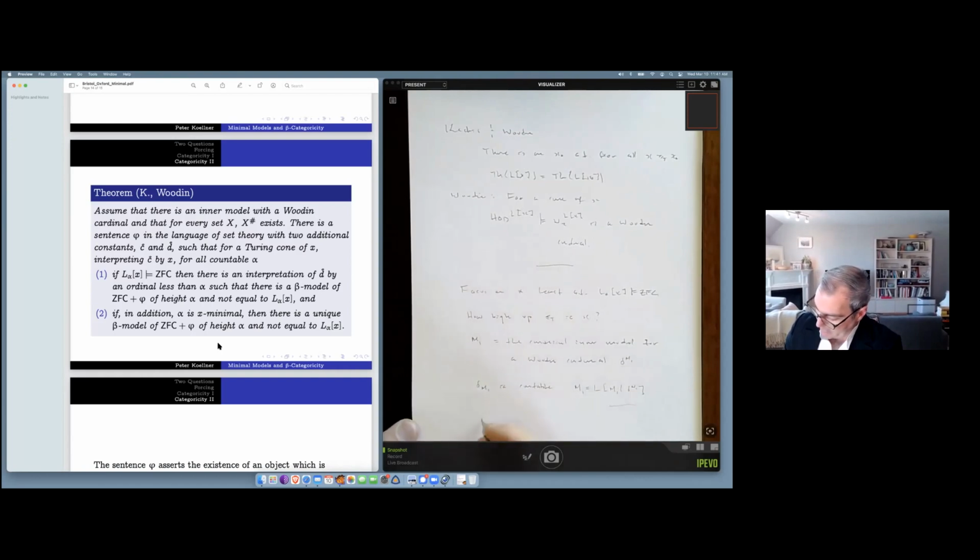So we let X be Turing above, I'm going to call this here M. Turing above that.